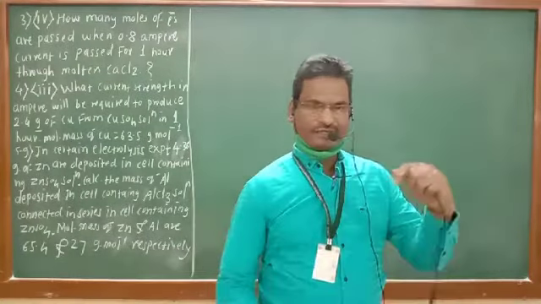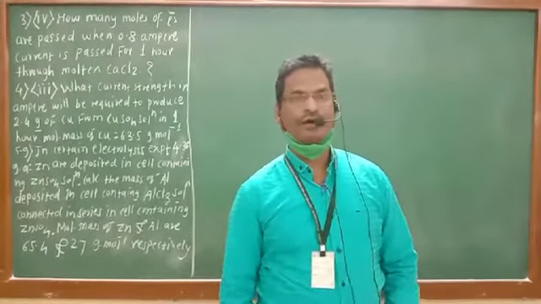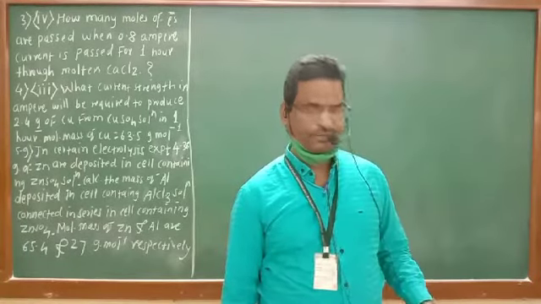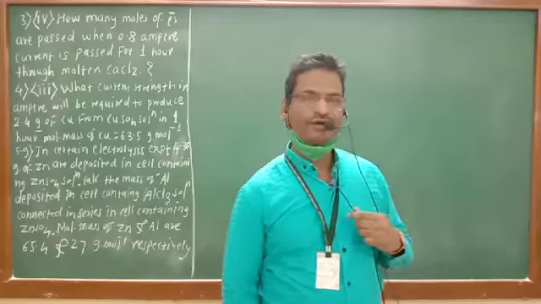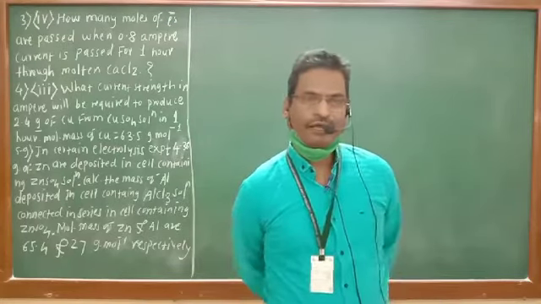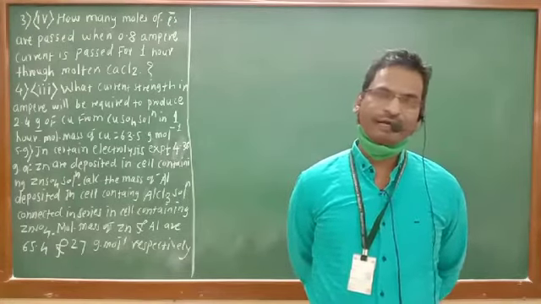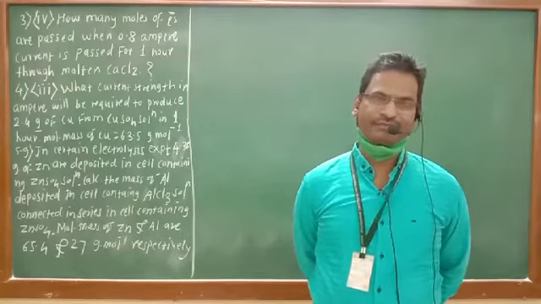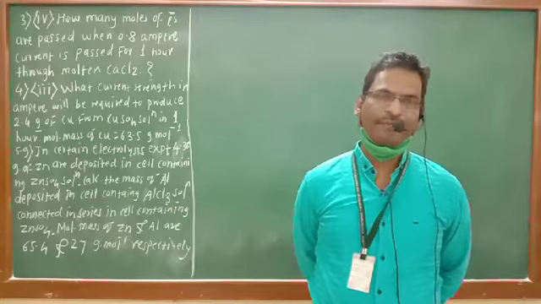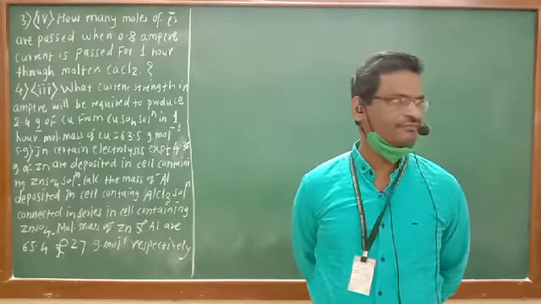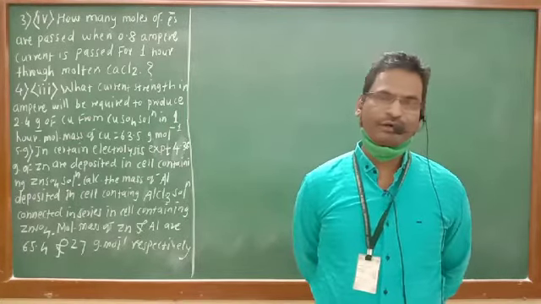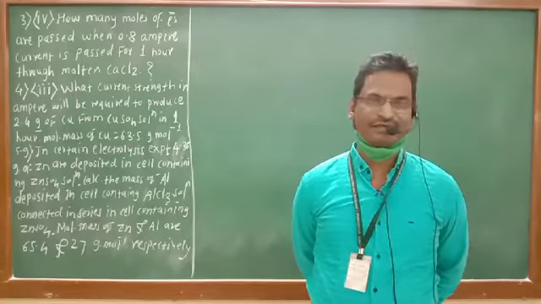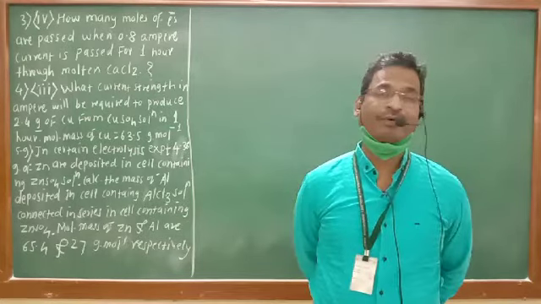Those calculations, those formulas, we studied on the basis of that quantitative aspect. There we have seen that whenever one electrolyte solution is electrolyzed, the formula applicable is different. On the other hand, whenever two electrolyte solutions are electrolyzed, the applicable formula is different.